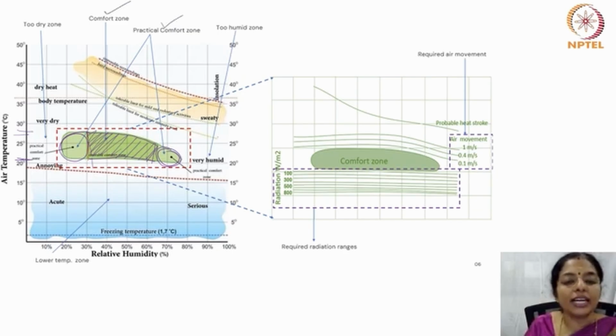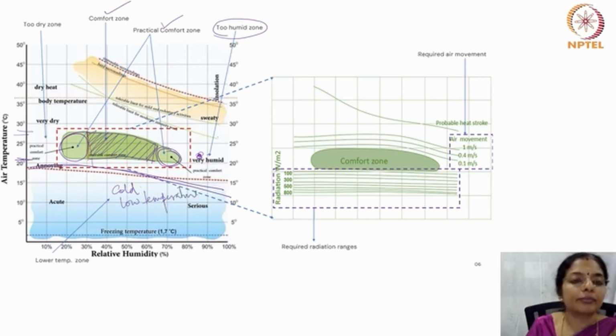Now, if the conditions of the room are beyond this, somewhere here, then somebody would feel too humid. So it's a very humid zone. The zone below this comfort zone is cold. It's very cold here. And it has low temperature, which is uncomfortable. Whereas the zone above this is hot. It is hot or warm.